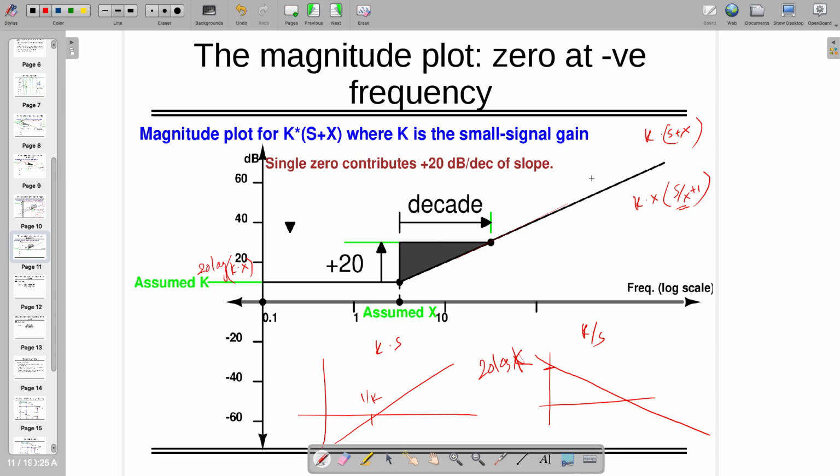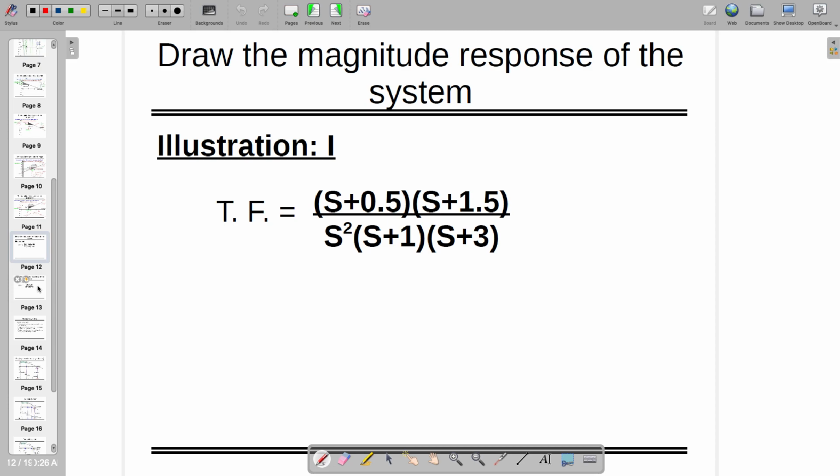This will only happen when the system is type 0, otherwise this will not happen. Let's look at this. Now you have to draw the magnitude response of the system in your Bode plot or semi-log paper. I'm going to help you.